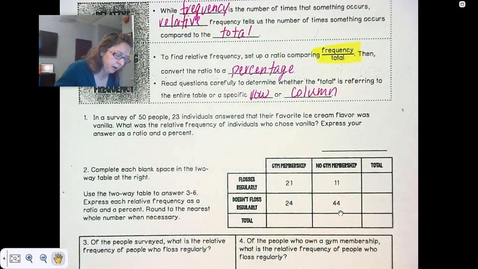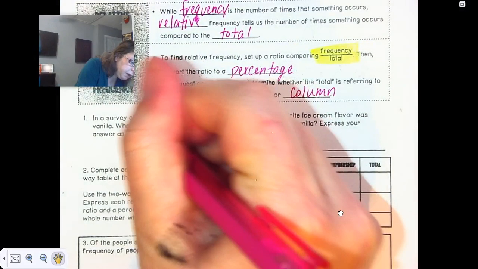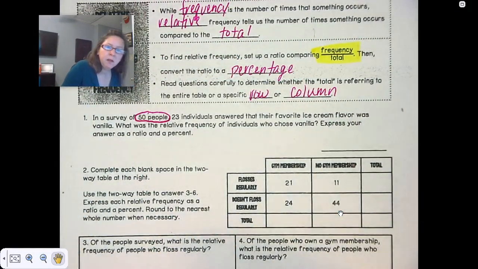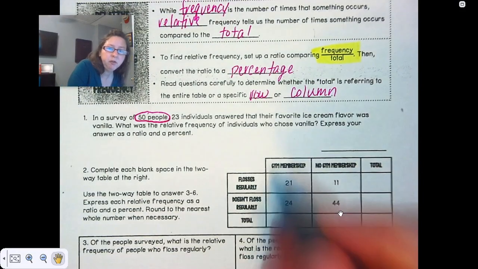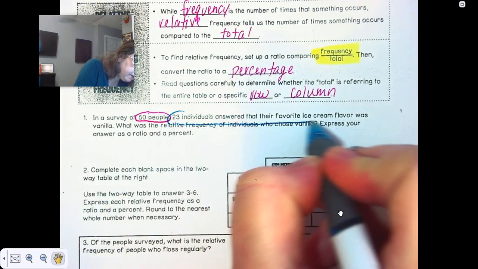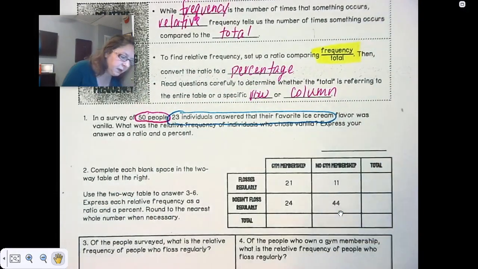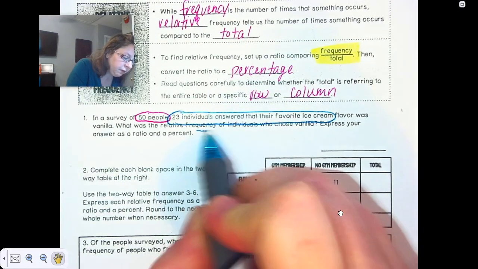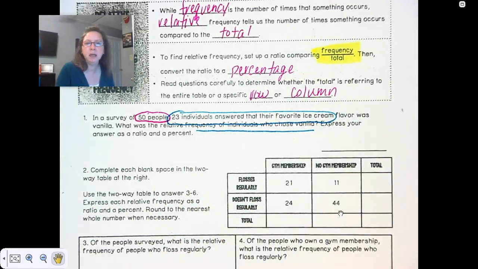We're going to take the total number of people, and we're going to take the total number of individuals who answered that ice cream was vanilla. And then we're going to compare that to the frequency of individuals who chose vanilla.